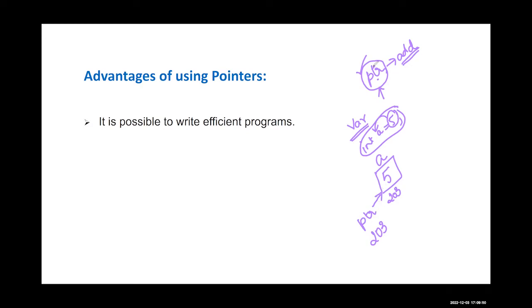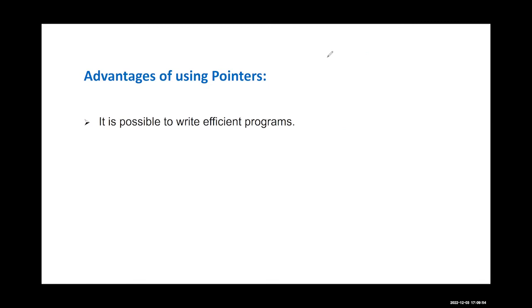So when I'm holding the address, I'm having direct access to the memory, isn't it? Which means I can access the memory directly. That is where I'm saying it is possible to write efficient programs. Why? Because I am able to use the memory efficiently. Memory is utilized properly.